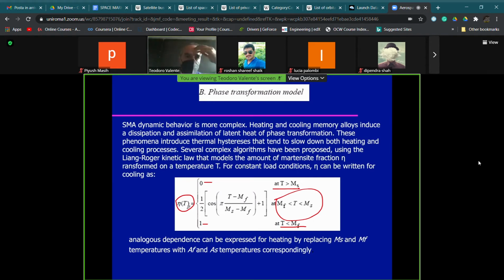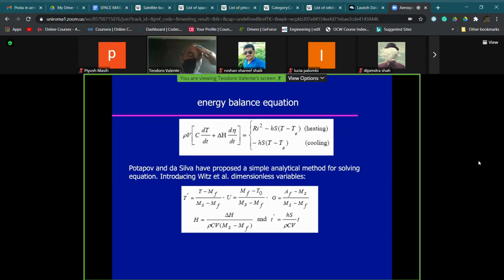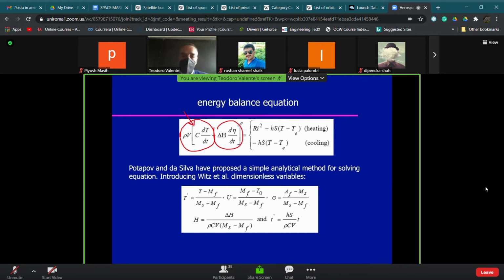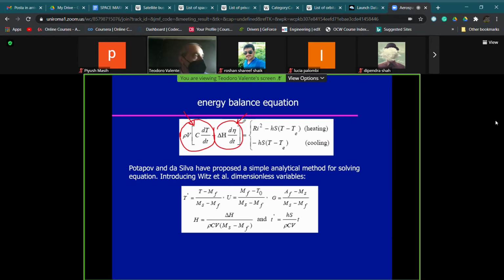Now we have never considered this, but if we want to be more precise, you see here that in our energy balance, that is the thermal model that we have defined at the beginning, which was essentially related in our fourth expression to this part, we must also include, numerically speaking, if we want to be precise, the latent heat of transformation of martensite to austenite and austenite to martensite, which is obviously related to the variation with time of the percent of martensite which is going to be formed or transformed.